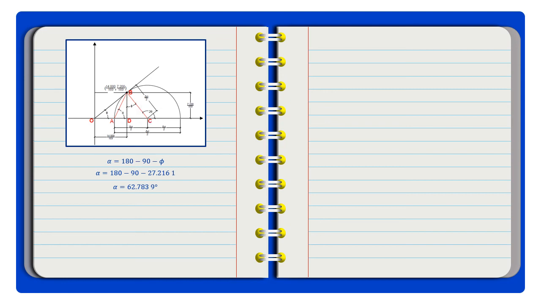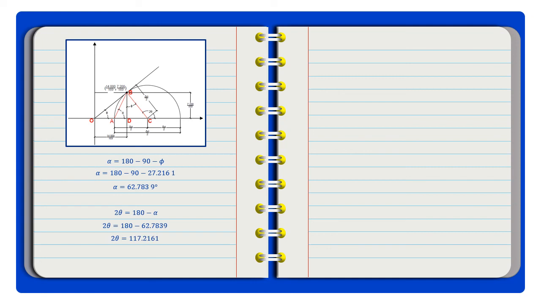So, since nakuha na natin si angle alpha, we will now proceed yung supplement na sinasabi ko kanina, whereas si alpha plus 2 theta will be 180 degrees. So, we could create an equation which is 2 theta is equal to 180 minus alpha. So, substitute natin yung alpha. So, 180 minus 62.7839.